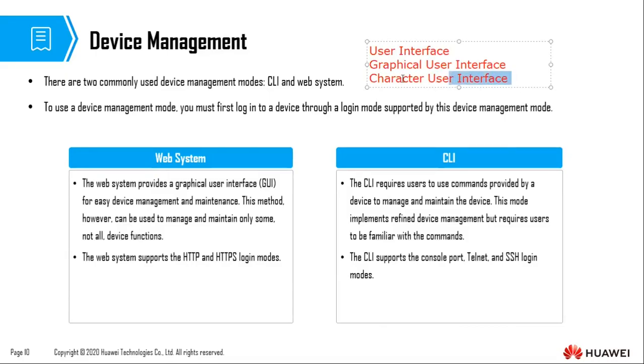Otherwise, the other option is the character user interface. With a character user interface, you type in textual commands to what we call a command prompt or a command line interface. Huawei devices offer two types of user interfaces. One of them is graphical, that is a web system, meaning that you're using your browser.